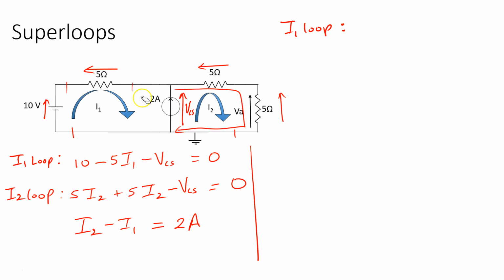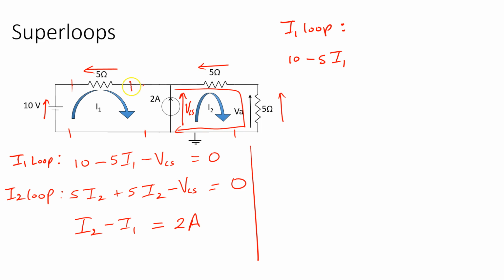I'm going to take my I1 loop and go from this point to this point, 10 volts, just leave it as 10. And then from this point to this point, minus 5i1. And now I want to go from this point to this point, but I don't know the voltage across here. It is not defined in terms of loop currents. So to write it defined by loop currents, I could go around this way.